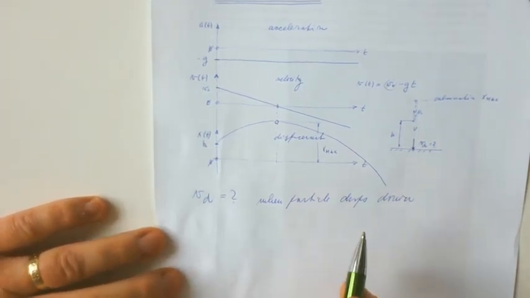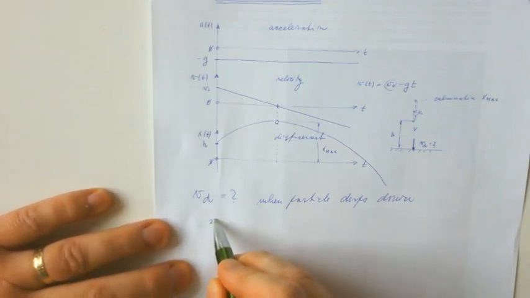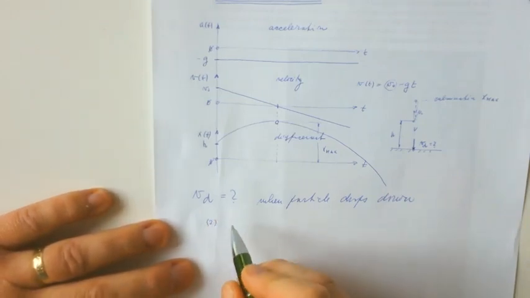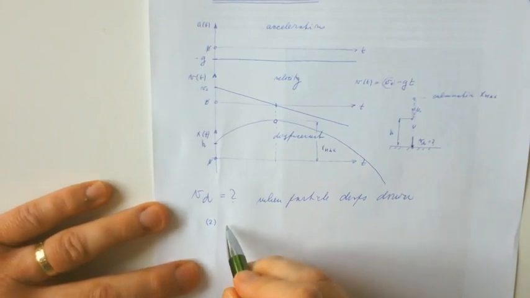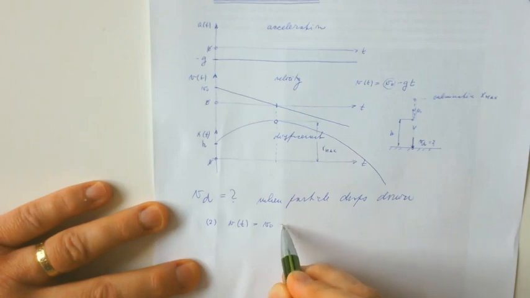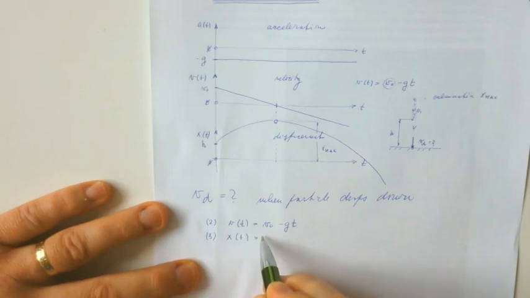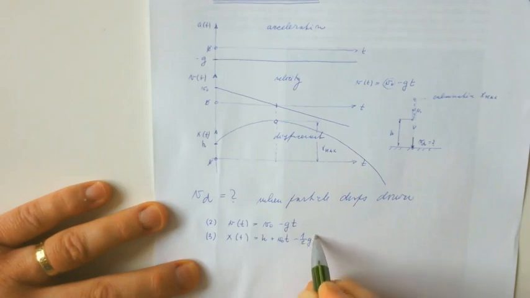Okay, so we can calculate it in two ways. We have system of two equations. First equation is an equation for velocity, so Vt is equal v0 minus gt, and second equation is xt is equal h plus v0t minus a half of gt square.